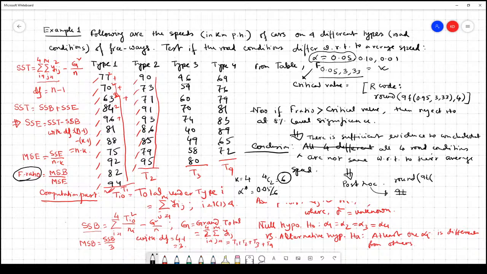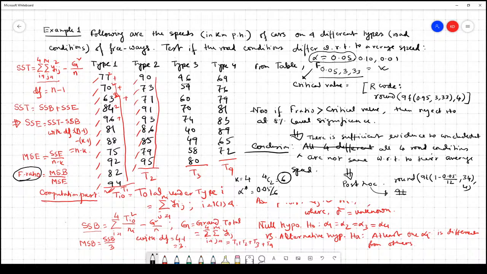So alpha star by 2, that means 0.05 by 12, and the degrees of freedom of T here is 34. So if you use this command, you can get this critical value, and using it we can find out which pair or pairs is responsible for this rejection.